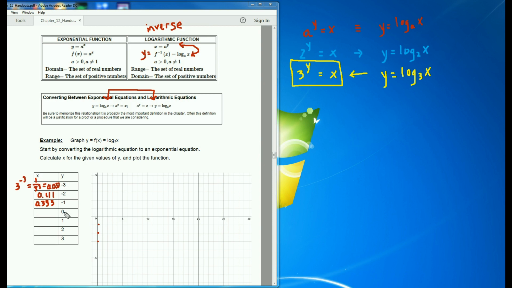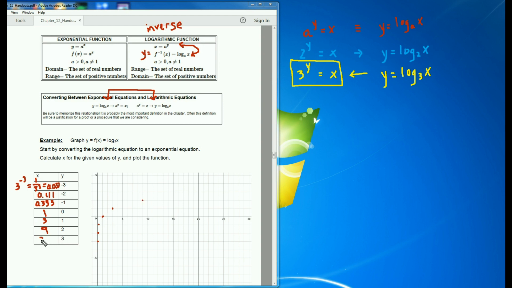All right, 3 to the 0 is just 1. Finally a nice easy point right there, (1, 0). 3 to the 1 is just 3, so we're at 3, 1, which is right there. 3 squared is 9, so now we're at the point (9, 2).